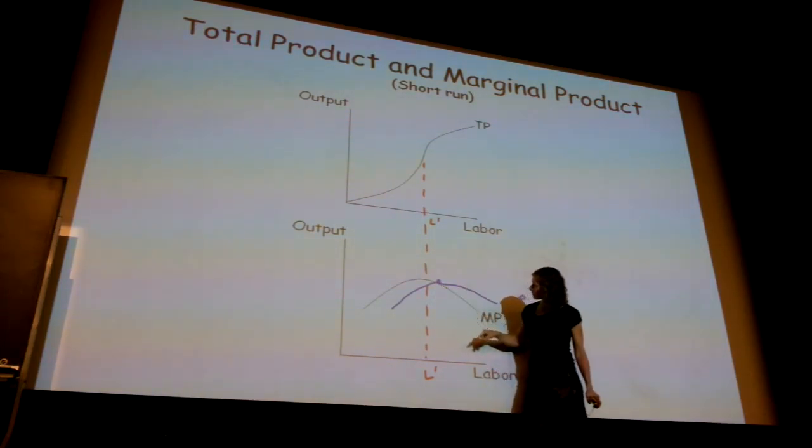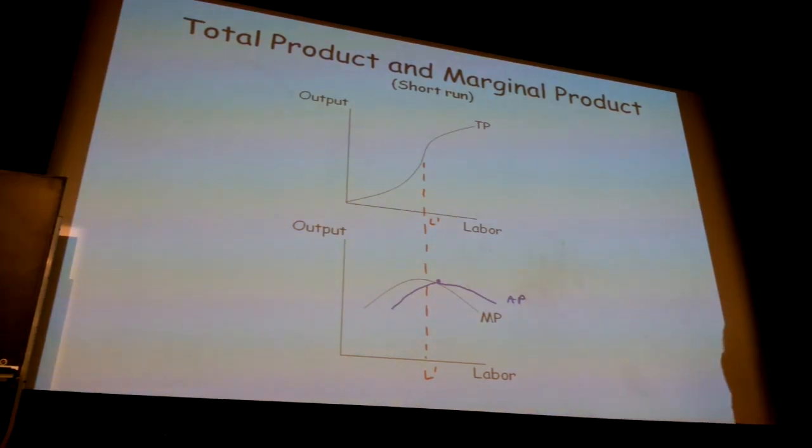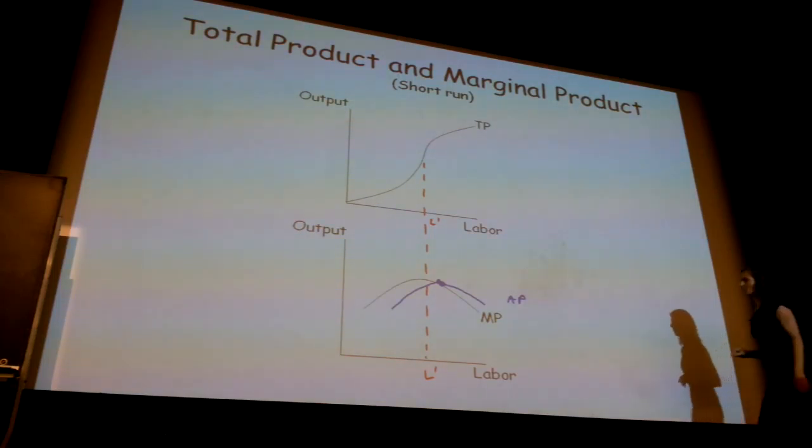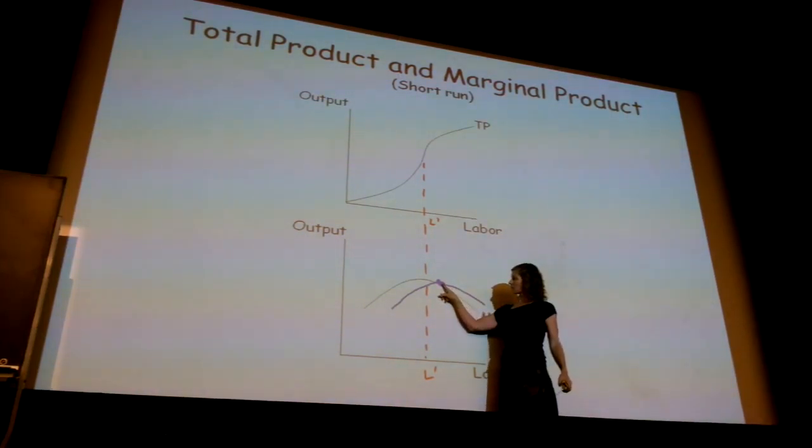Maybe if I change the right-hand side of my picture, it'll be a little better. Fine. The point is that the average product curve reaches its maximum right where it hits the marginal product curve. I haven't told you why, but make sure it's like that in your notes, because we're about to talk about why.